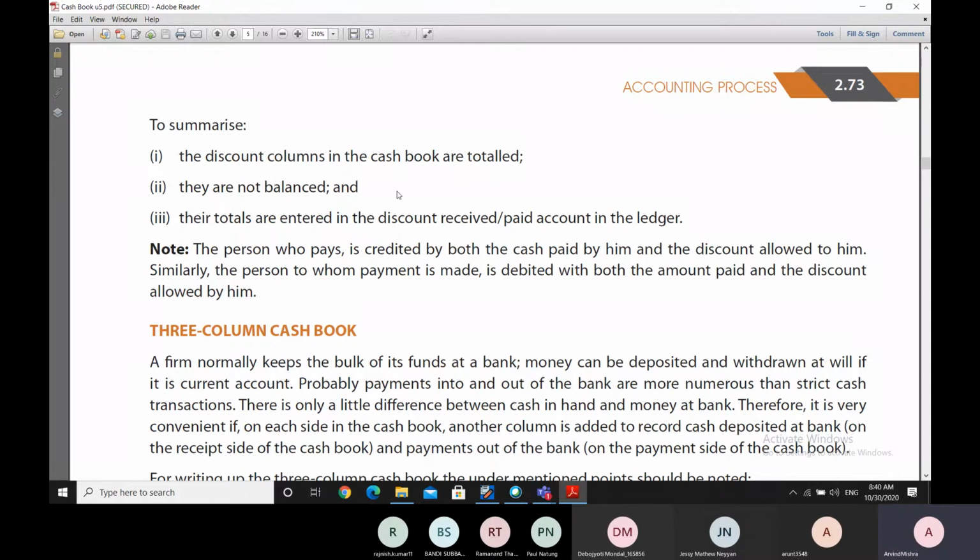Now, in case of the bank, it is possible sometimes that even if the balance is not there, still a payment could be made, just as we have the credit facility in the banks.